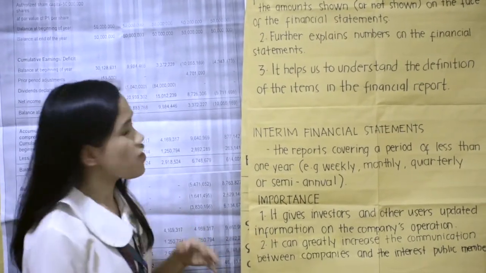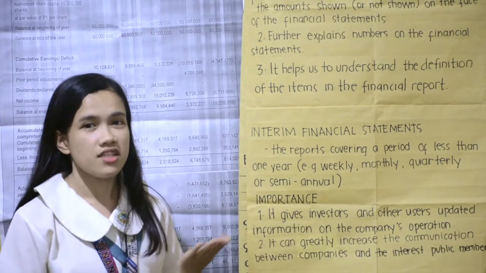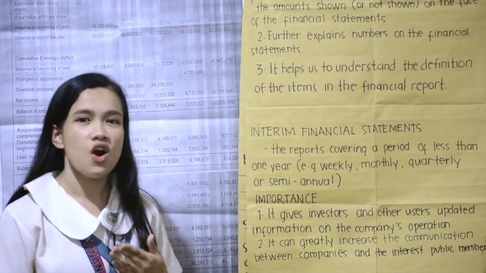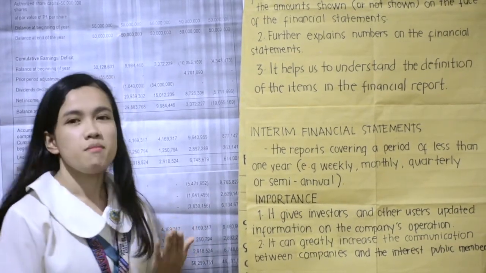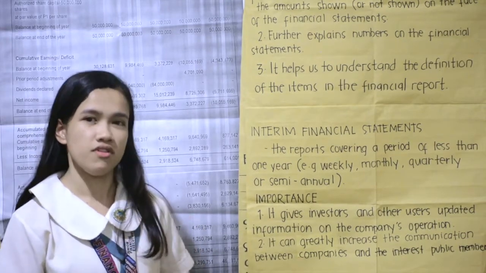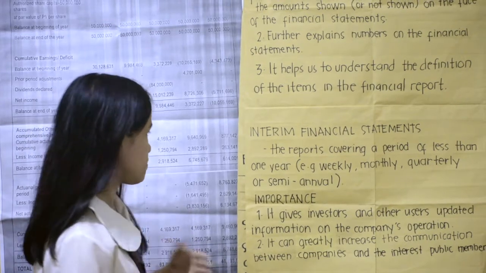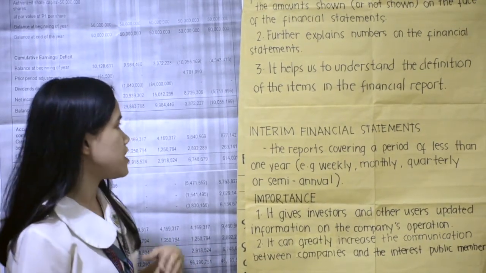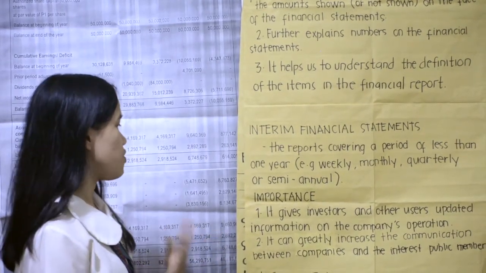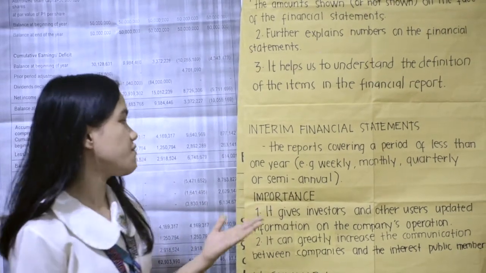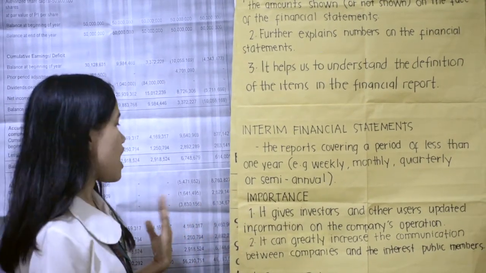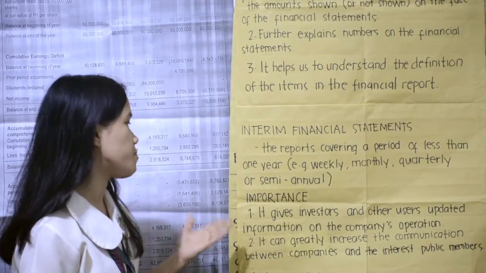Unlike the audited financial statements, these statements are usually unaudited and condensed, making them less reliable due to the shortness of the time period. So, the importance of these statements are the following. It gives investors and other users updated information on the company's operation.